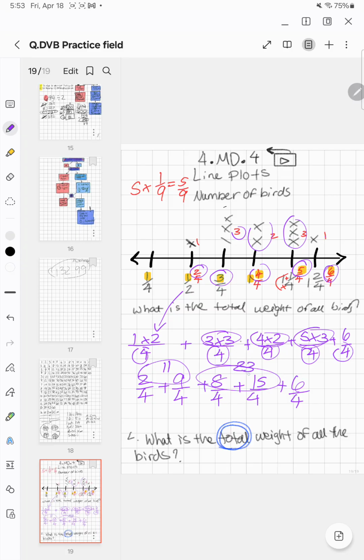So if I do 23 plus 11, it's going to end up being 34 plus 6, right? And 34 plus 6 is going to give me 40. Now, my denominator still is the same. So 40 divided by 4 is really 10. So the answer to this problem is 10.